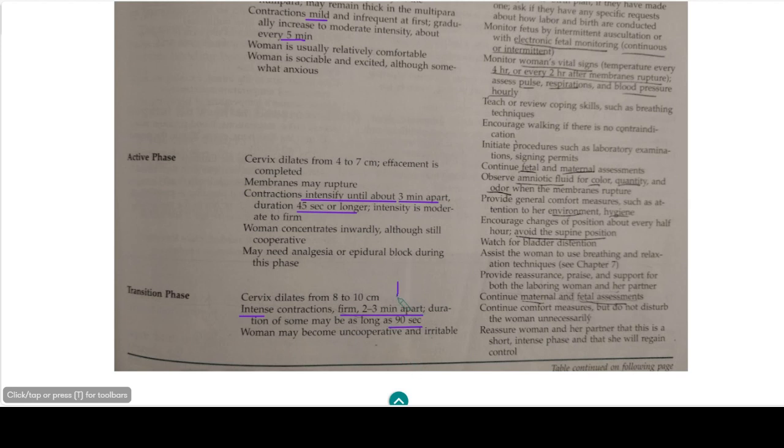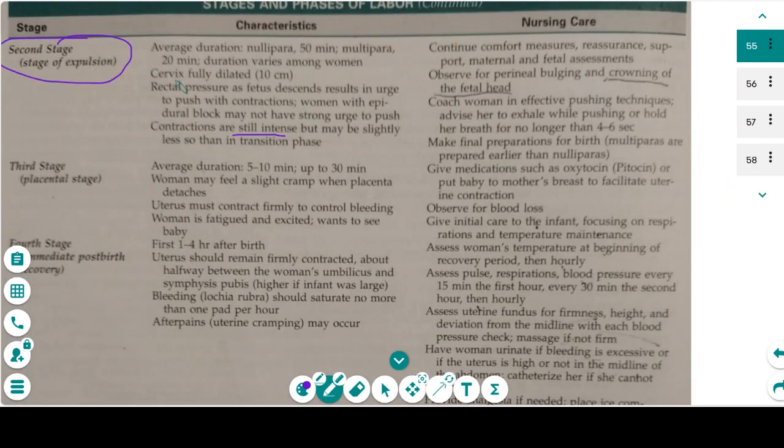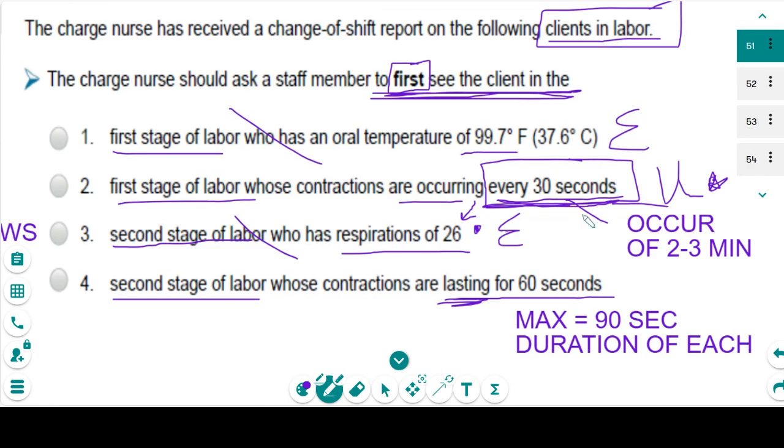All right, so as we saw here, now this was the end of the first stage. The second stage, again, dilated, but she's pushing, and contractions are still intense, maybe slightly less than the transition phase. So it can drop down a little bit instead of being up to that 90 seconds. Yeah, it may last about a minute. So this is 1 minute.